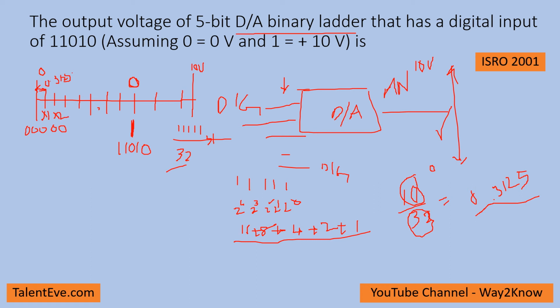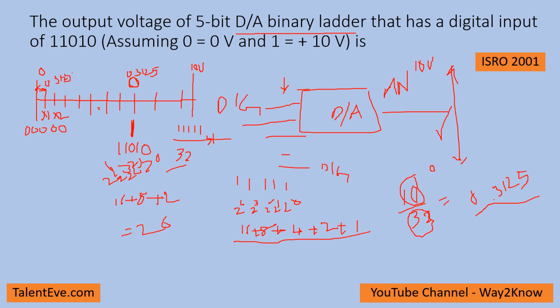Now let us calculate the value here. For 11010, 2 power 0, 2 power 1, 2 square, 2 cube, 2 power 4, that is nothing but 16 plus 8 plus 2, which is 26.